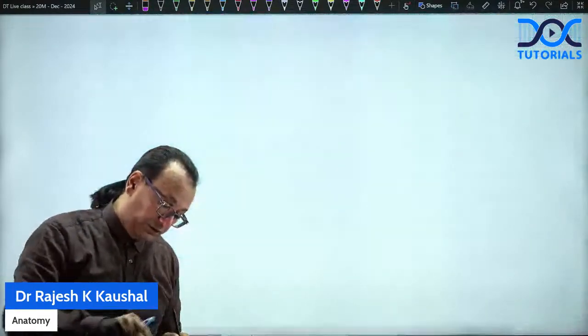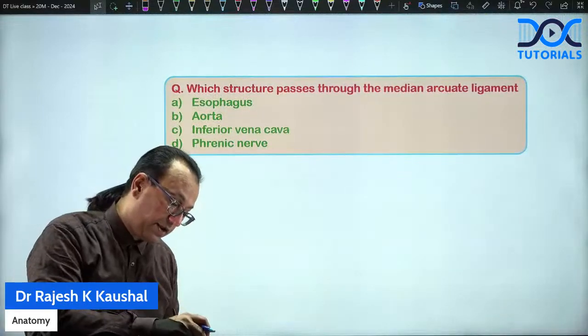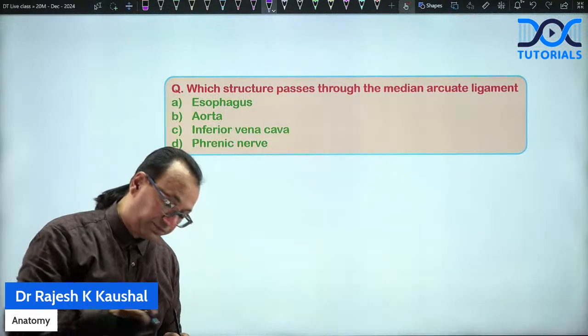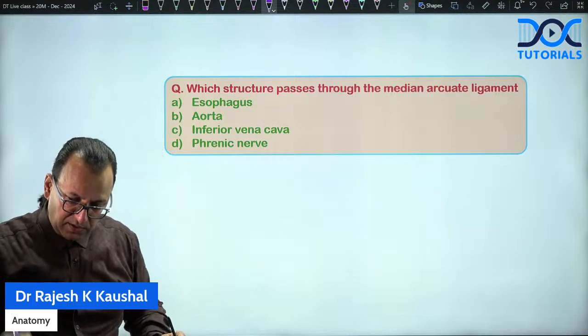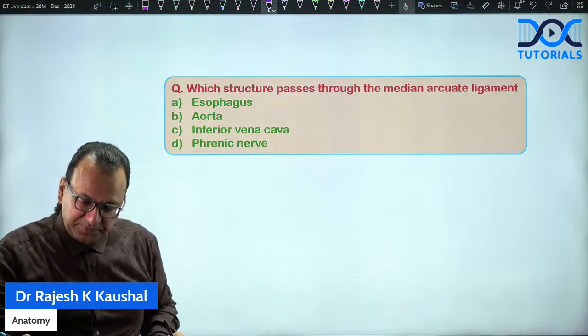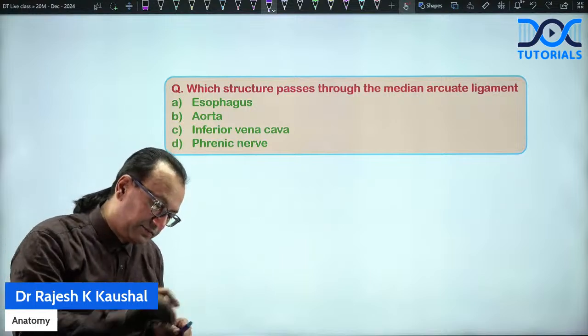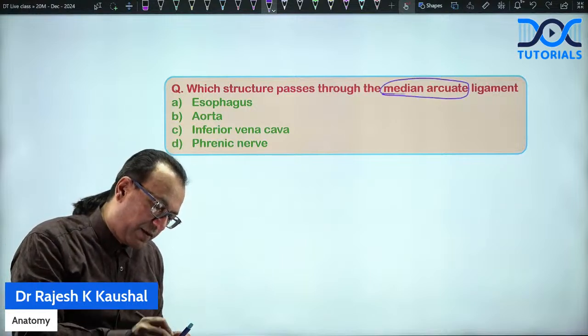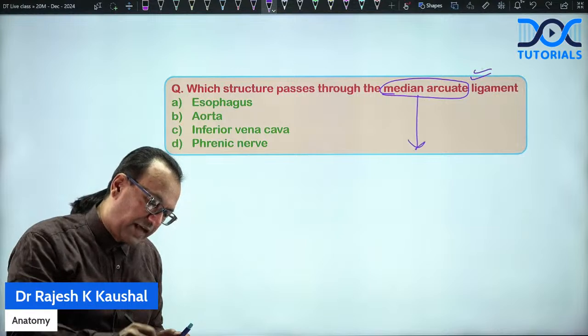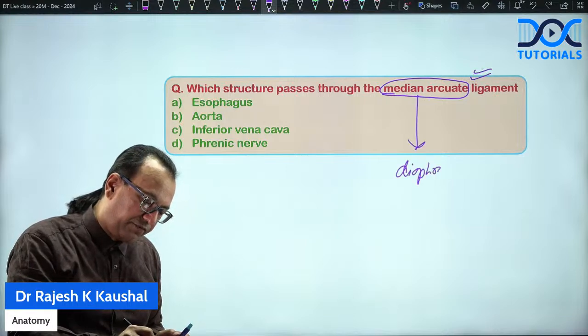What about this question? Which structure passes through the median arcuate ligament? This is about the diaphragm.